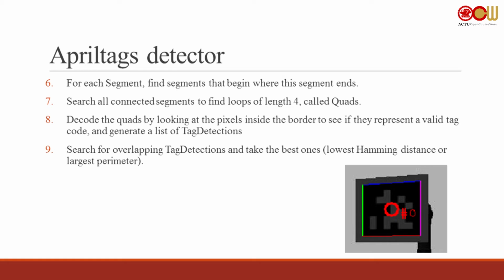And after that, you decode the quad inside. You will generate a list of the tag detections. And after that, you will compare every single detection. You will find the least error distance from your image according to the list of the tag detections.